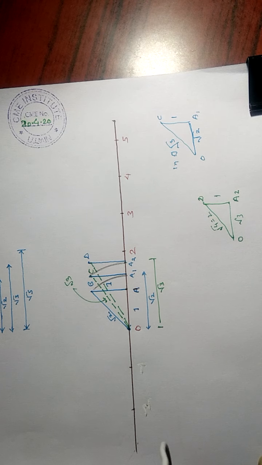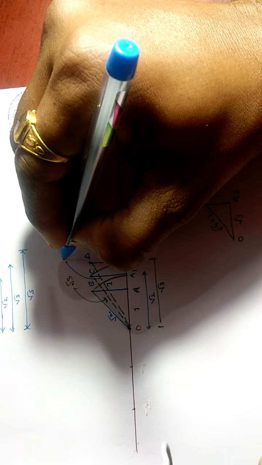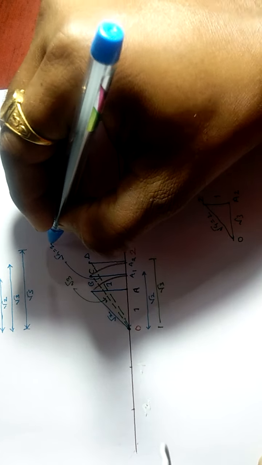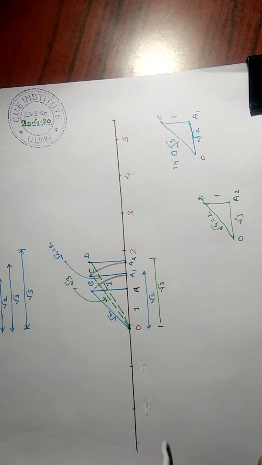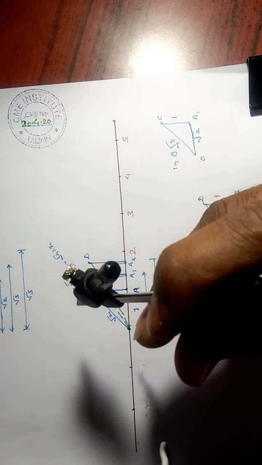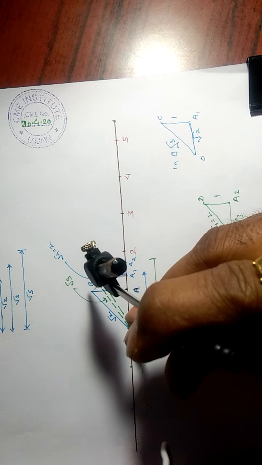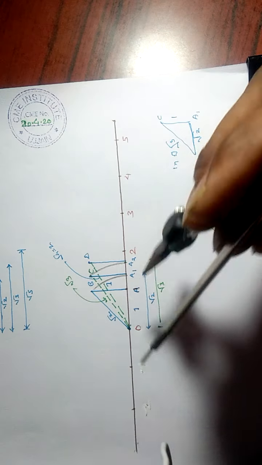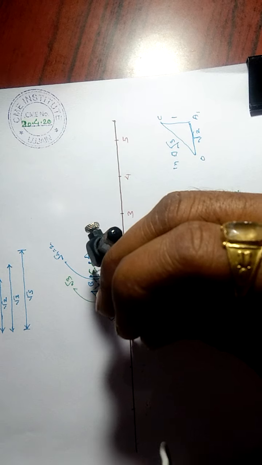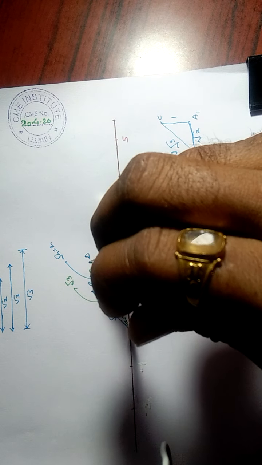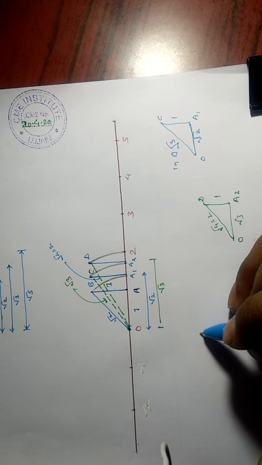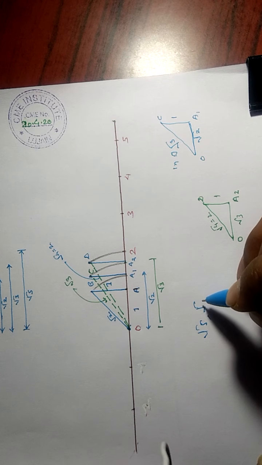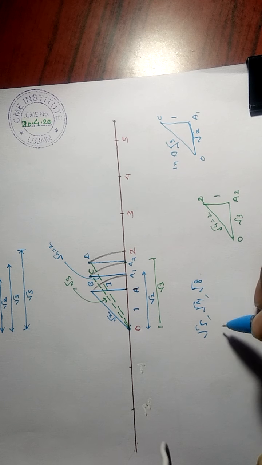So this line OD will represent your root 4 or 2. How can we represent it on the line? Now taking O as a center and OD as a radius in this manner. Similarly, you can continue the same procedure to find root 5, root 7, root 8.